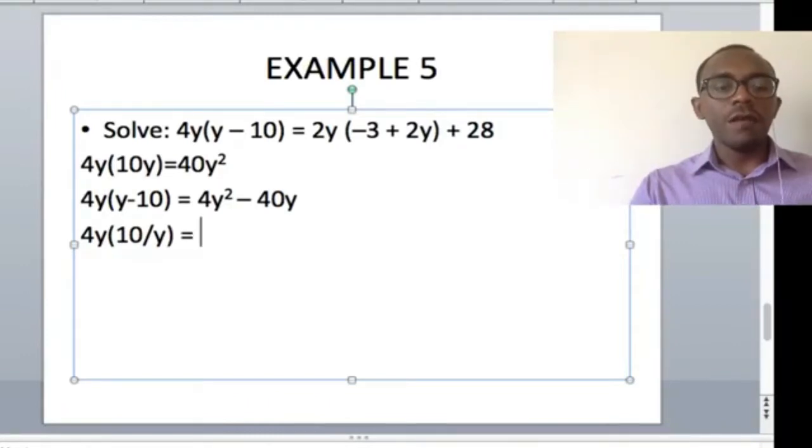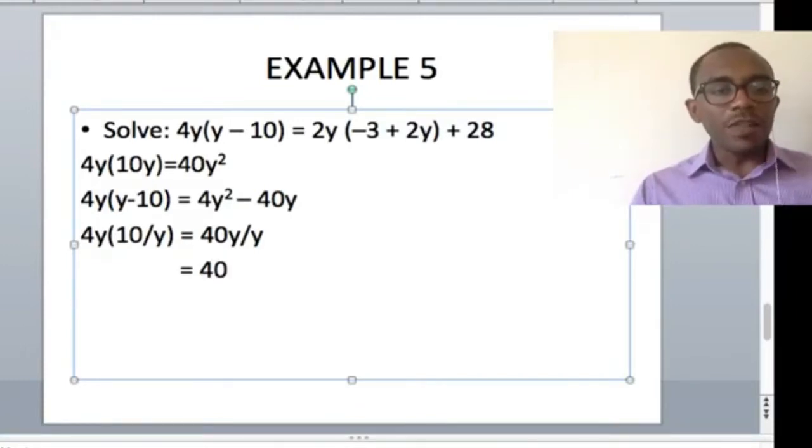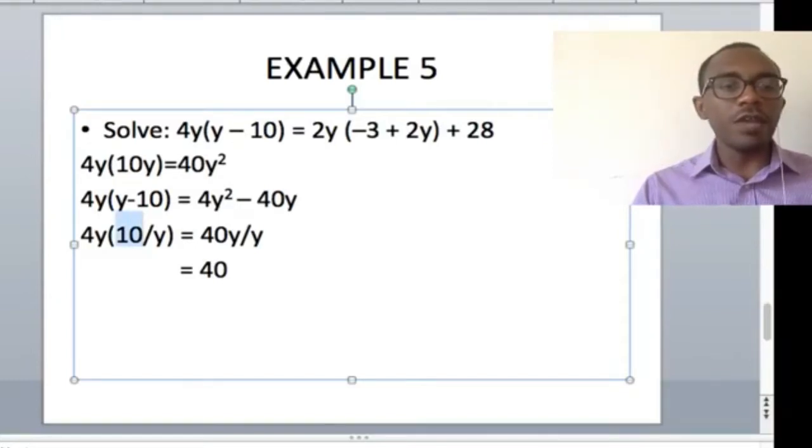That would be 40y over y, which will become 40. Now, what did I do? I multiplied everything by 4y once, which means I multiply only the top. When you have a fraction, you multiply by the top because this is a fraction. 4y is the same as 4y over 1.